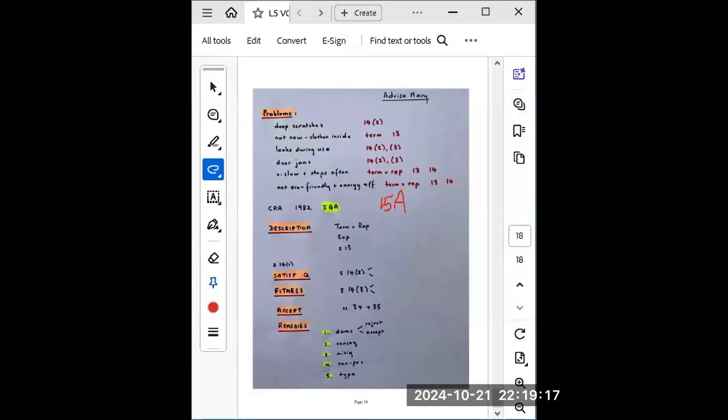Well, not every statement about the quality or fitness can be treated as part of description. Sometimes it is only a representation. And it is very important to distinguish whether a statement is a term or a representation because you know that the remedies are very different. So how do we know whether a statement is a term or representation?